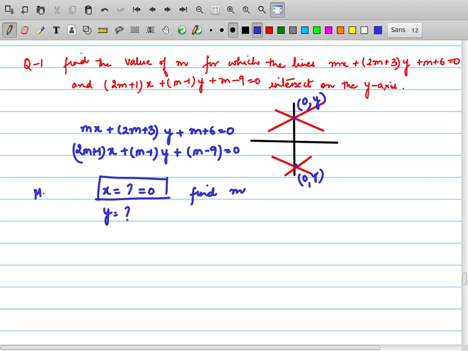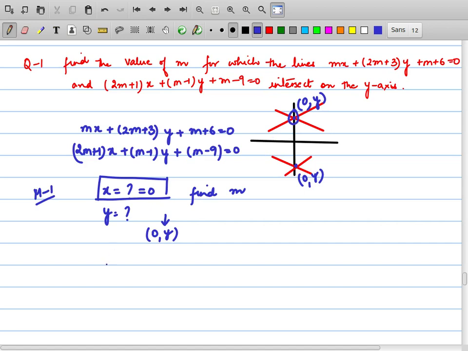This is method 1. Method 2 could be, since both these lines are satisfying which coordinate? 0 comma y. It means if we substitute this value in both the equations, we will get the same answer. We have to put x as 0, and the value of y which we get from the first equation will be the same as the value of y that we get from the second equation, because the value of y would be the same for both the equations.